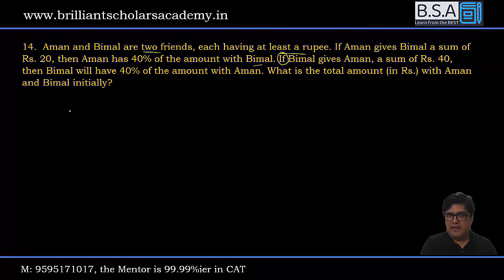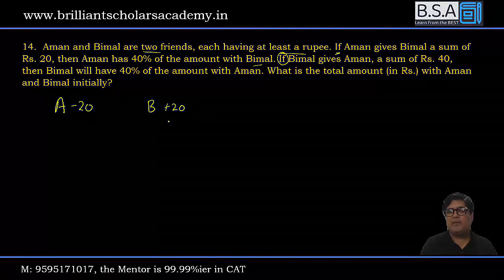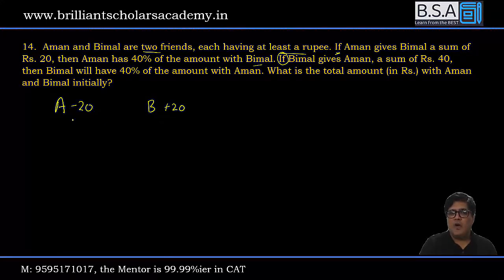So here we are saying the first person has rupees A with him, the second person has rupees B. That is at the start. If Aman gives Bimal a sum of 20 rupees, so 20 rupees are taken from Aman and given to Bimal. So we are adding 20 on this side. Now Aman has 40%, which is 4 by 10, of Bimal. When you say if, it's a new condition.